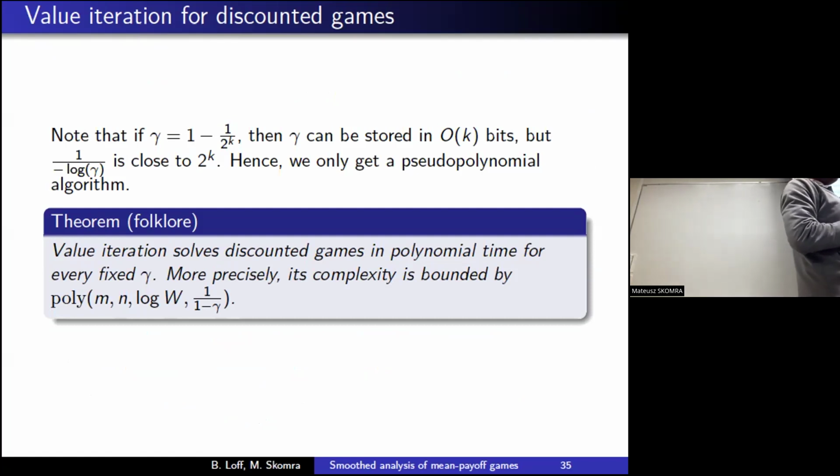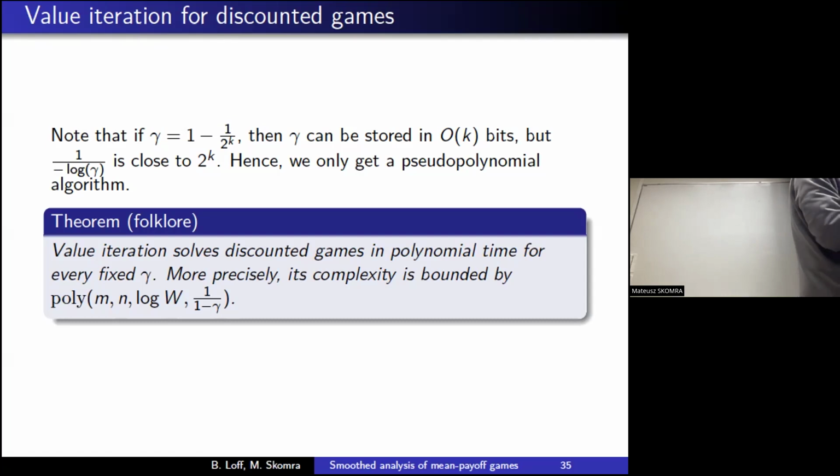So this is not a polynomial time algorithm, right? It's not a polynomial time algorithm because this thing is exponential in the number of bits. What was gamma? It's log of gamma.